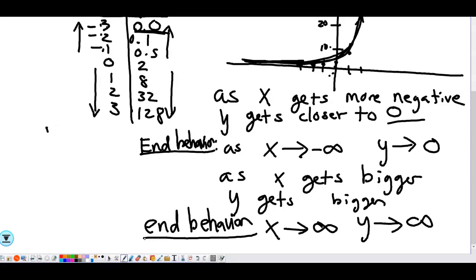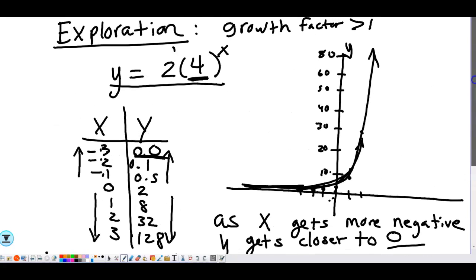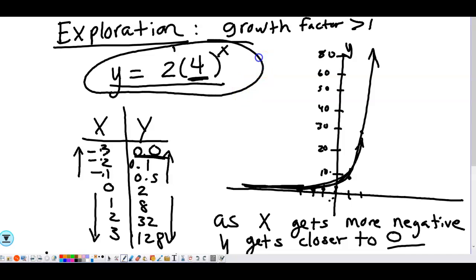All right. So what our exploration was, you guys, was we did this. The number that David picked for us is when the growth factor is greater than 1. Here's what I want you guys to take away from this. The graph looks like this. Now, if I were to pick a number that's less than 1, the graph will look a little bit different.